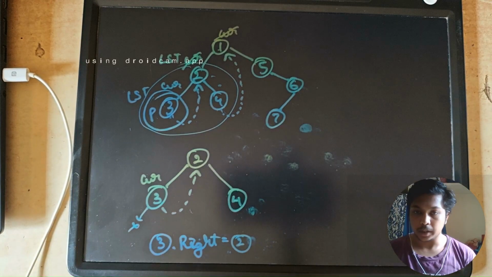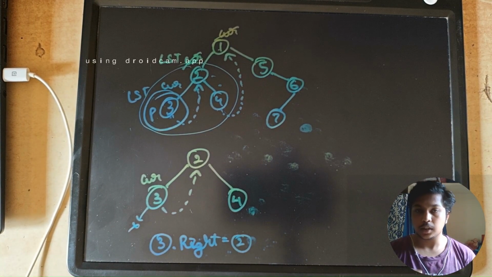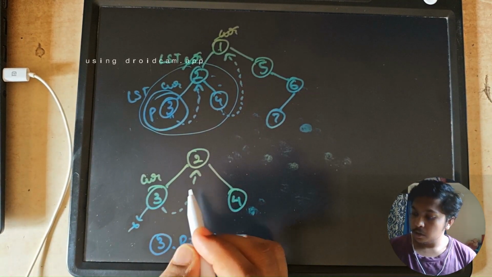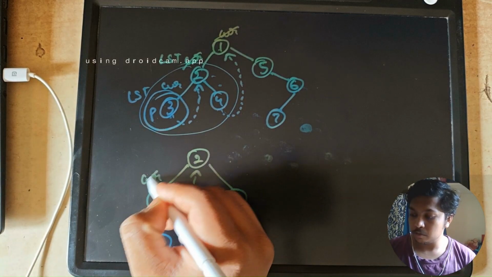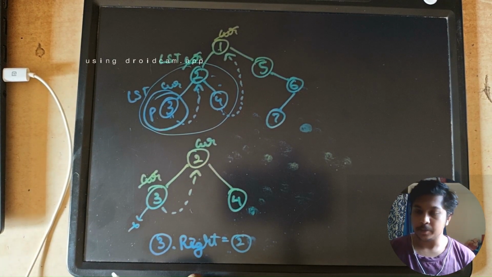So the threads we are making are the right pointers. Okay, so we will move our current to here again. Now again, the same algorithm repeats.